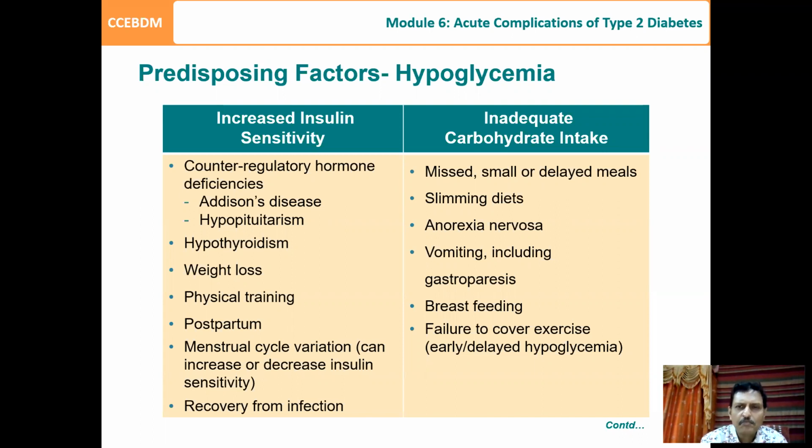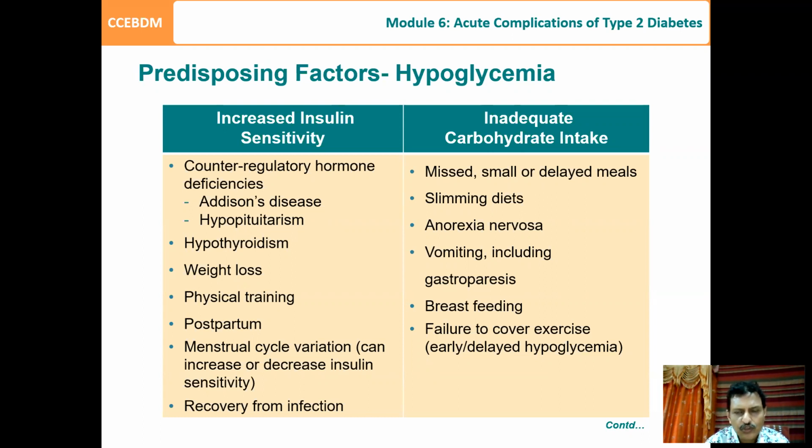Now the patient may have missed a meal and started some slimming diet, or be suffering from anorexia nervosa, vomiting, or breastfeeding, or you may fail to cover the exercise, for which we always ask our patient to check blood glucose before starting the exercise. Or sometimes the patient wants to start a new exercise regime.